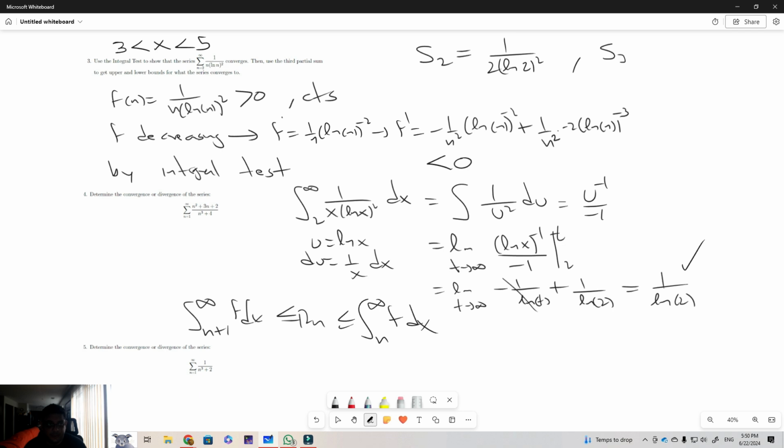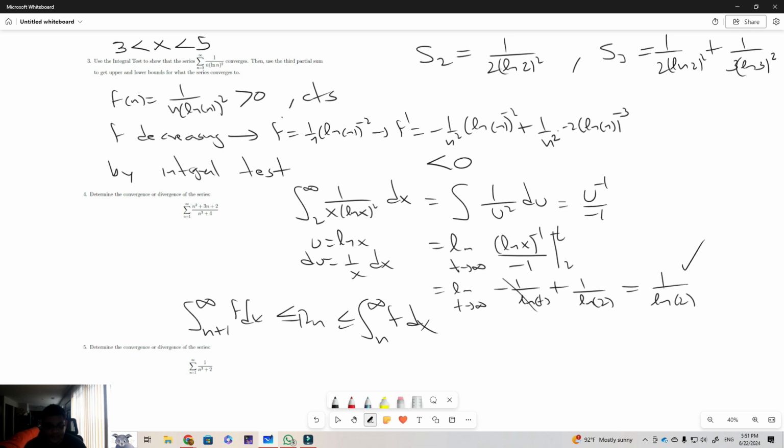So s of 3 is going to be this, but also plug in 3. So this is just the third partial sum, and you want to check how much this approximates, which you can find out what this number is, but then make sure to calculate what this residual is.